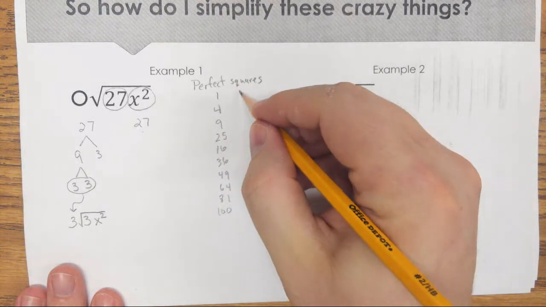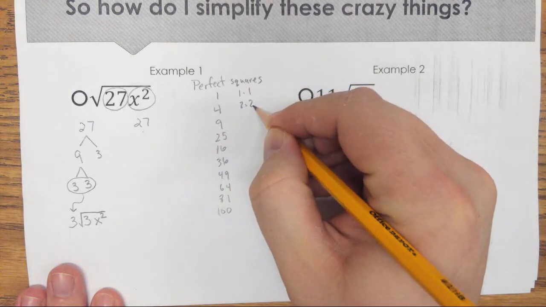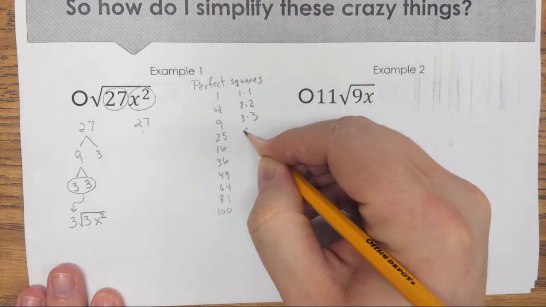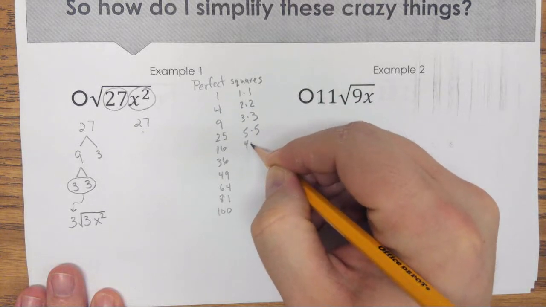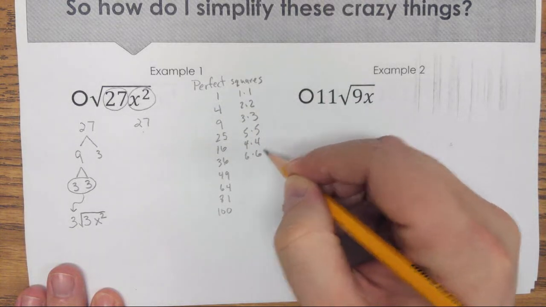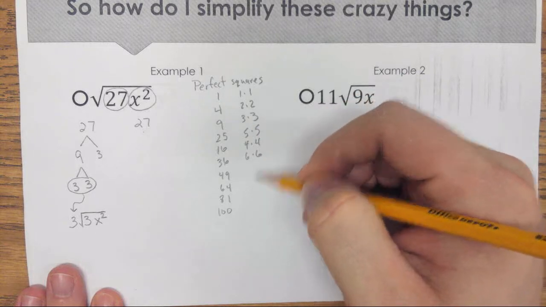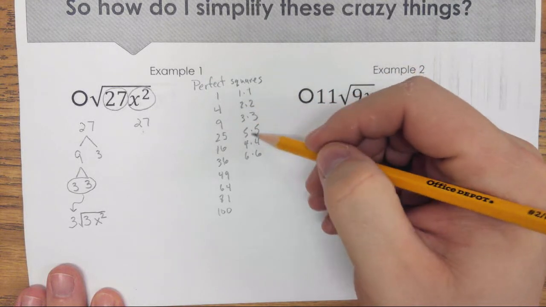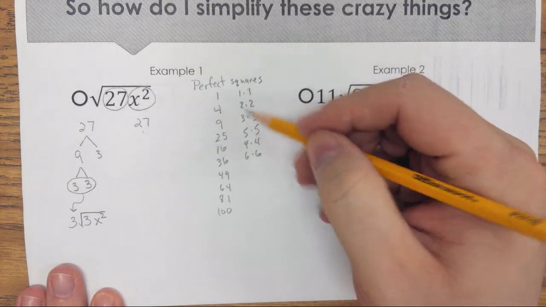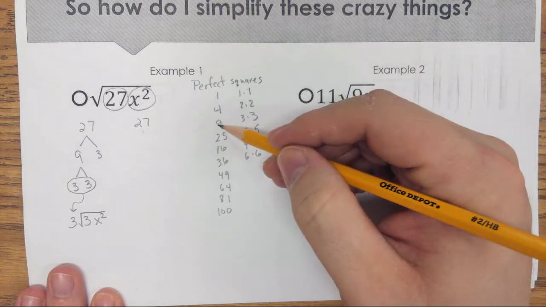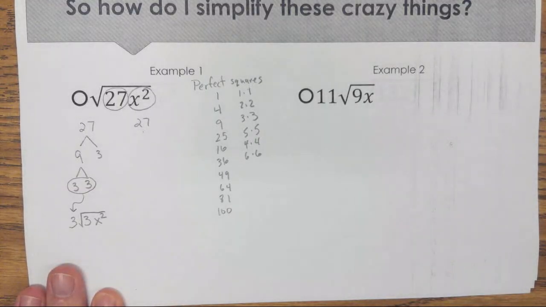They're just numbers like 1 times 1, 2 times 2, 3 times 3, 5 times 5, 4 times 4, 6 times 6. So you can see going down the list that these numbers are just whole numbers multiplied together by themselves to give you another number.